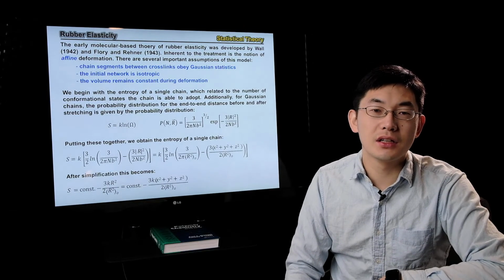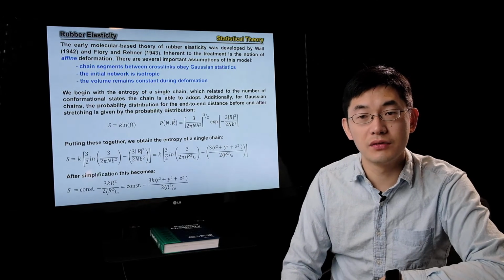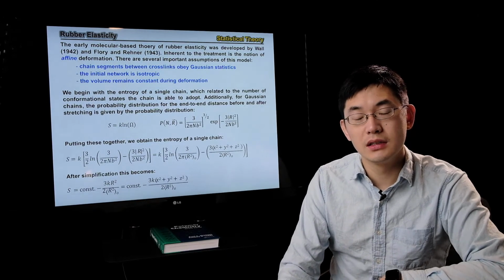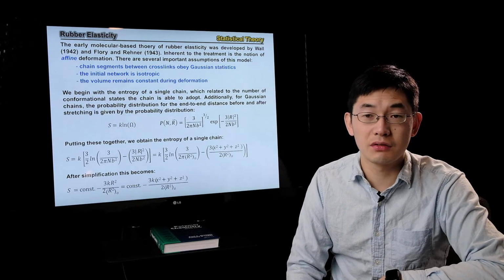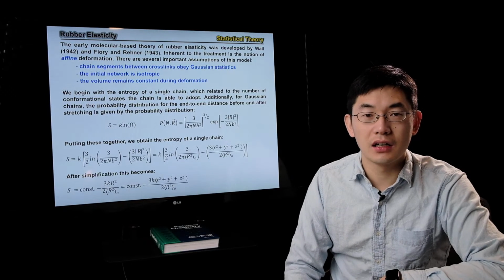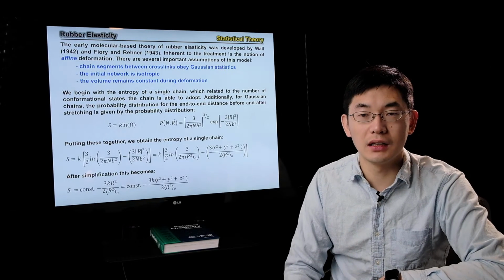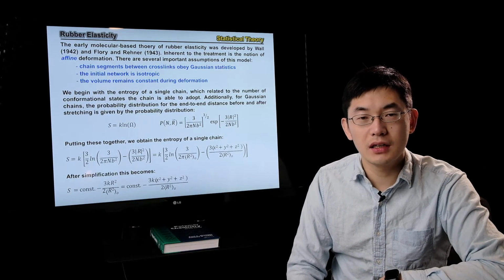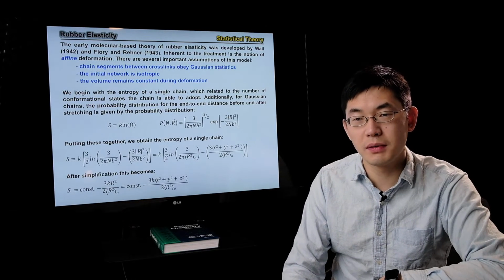And second is the segment between those crosslinks. Usually if you want to get a rubber material, you need to have crosslinks, okay? Natural rubber is cross-linked by sulfur, and these crosslinks allow you to have permanent covalent bonds within the network. So your polymer chain is going to have multiple crosslink points along its backbone.